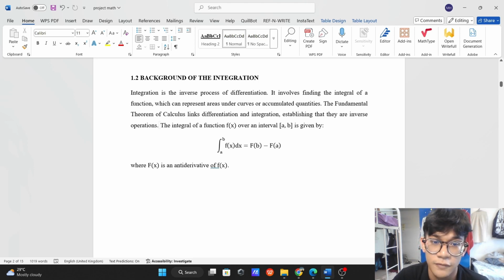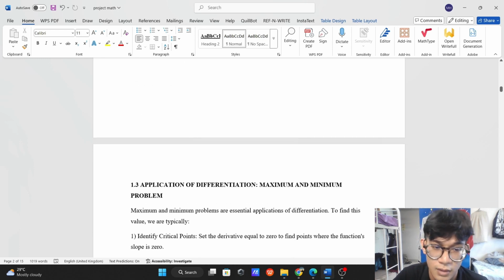The integral of a function f(x) over an interval [a, b] is given by the integral of f(x) dx equals F(b) minus F(a), where F(x) is an antiderivative of f(x).